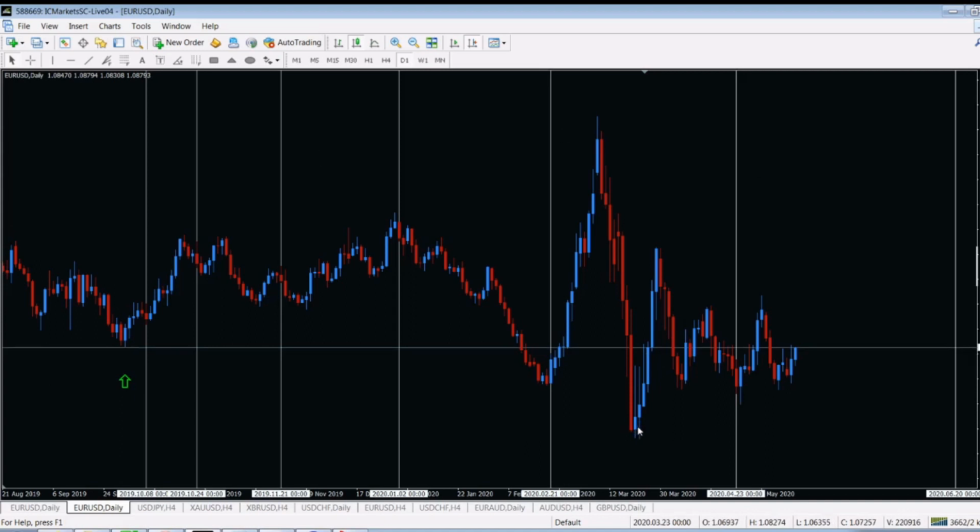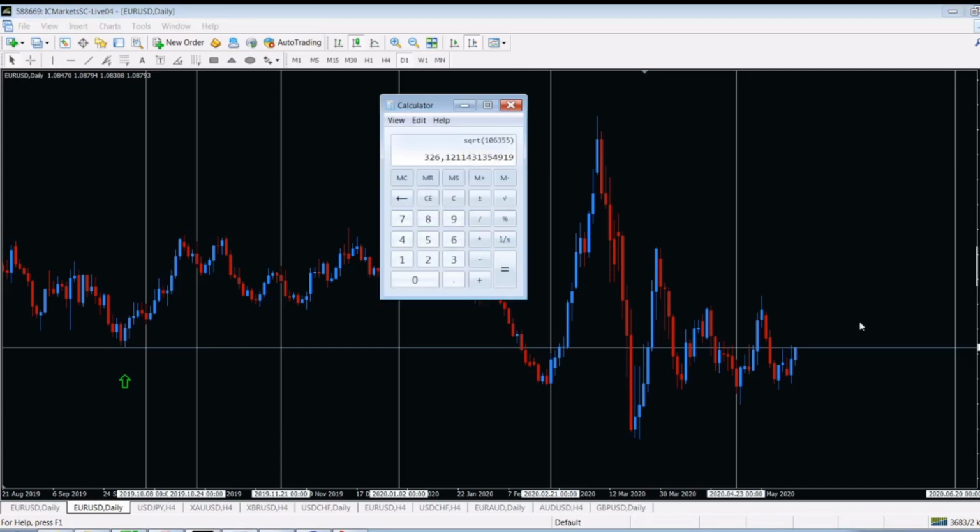Those extremes are pretty important because here we've got the low of 106,335. Let me write it, 106,335. Intentionally, I do it without the point, so I leave it like that, 6 figures without the comma.